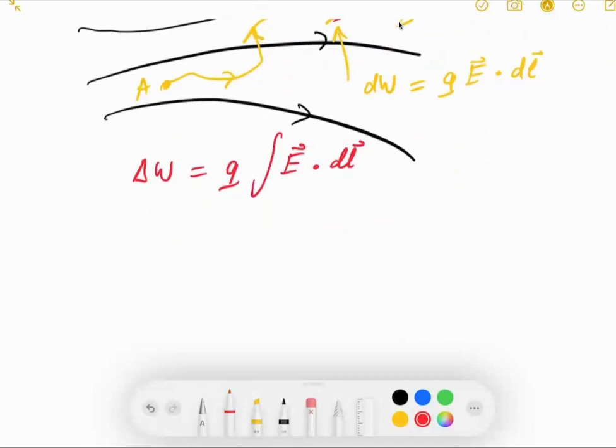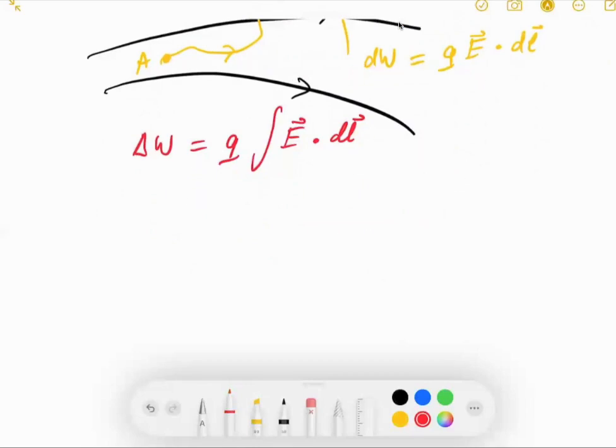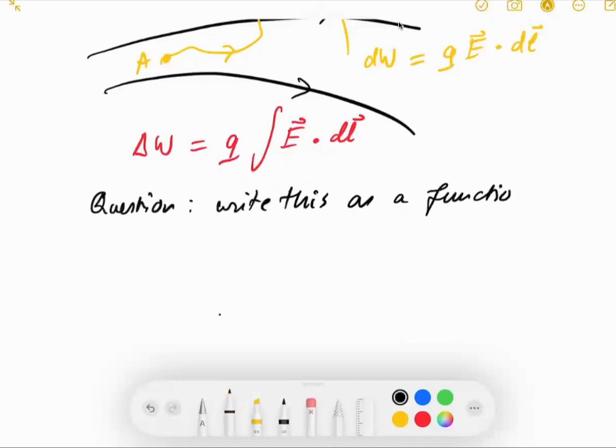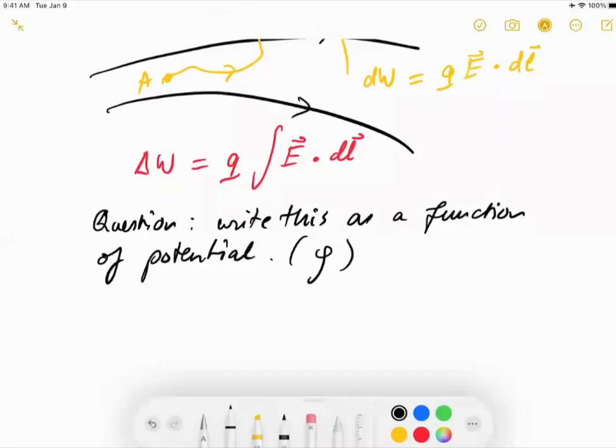Okay. Now, my question to you is, write this as a function of potential. All right.